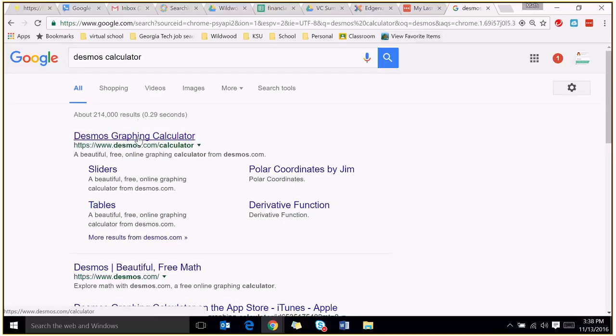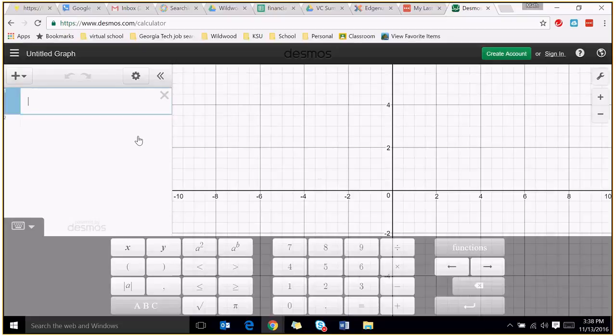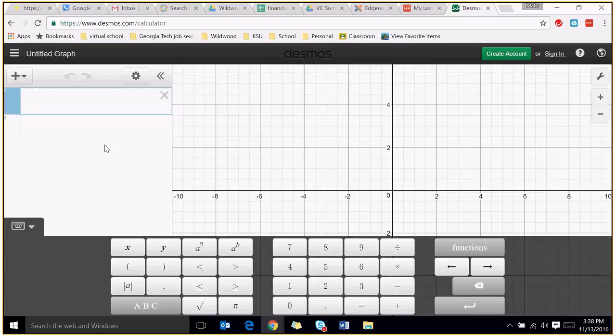The last question on that worksheet had to do with the fact that they actually gave you an equation. The equation they gave you was 60 minus 30 cosine of, and then it had x, and then let me put in pi x divided by 6.